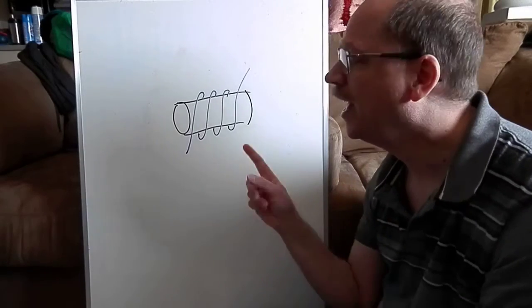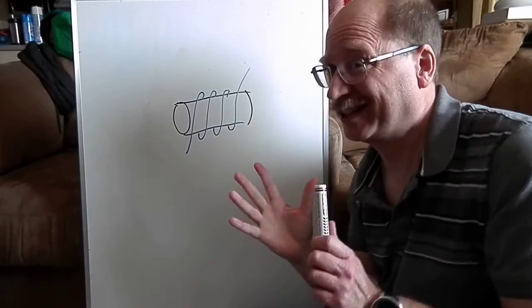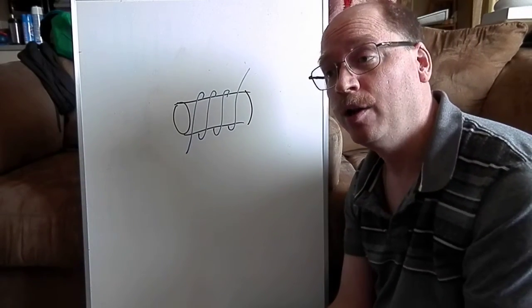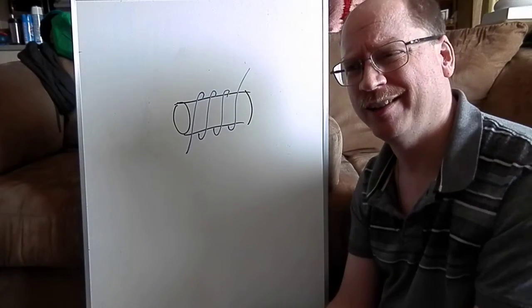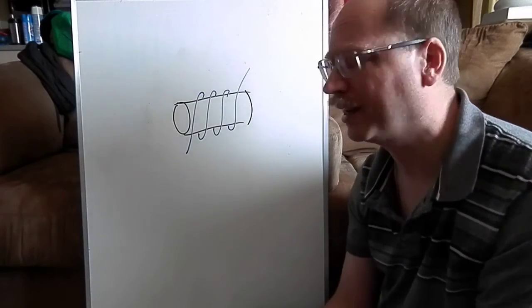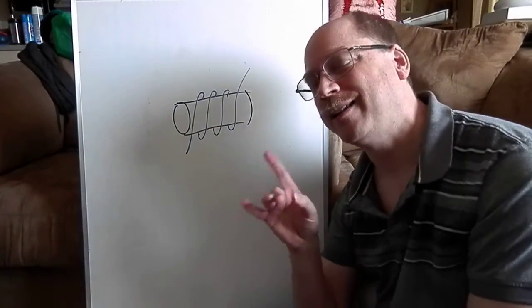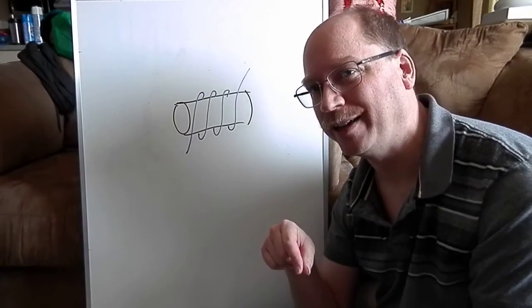Technically speaking, if you replace this cylinder in the middle with a ferromagnetic material like iron, like a nail or a bolt, what you've made now is an electromagnet.